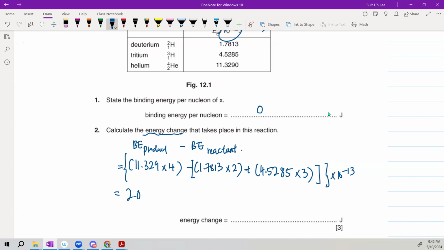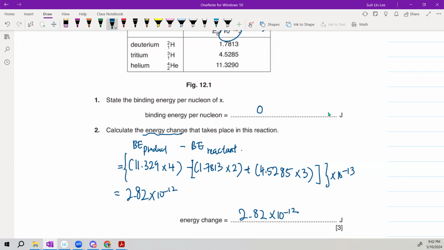It will get 2.82 times 10 to the power of negative 12. As usual, if can, write extra significant figures. This one got 5 significant figures. We don't expect you to write 5, but 4 would be nice. 3 also would be nice. Definitely not 2.